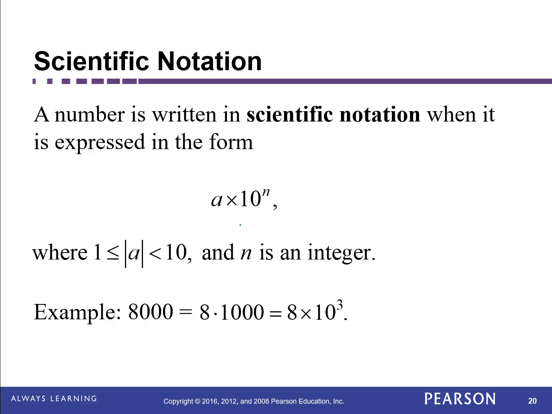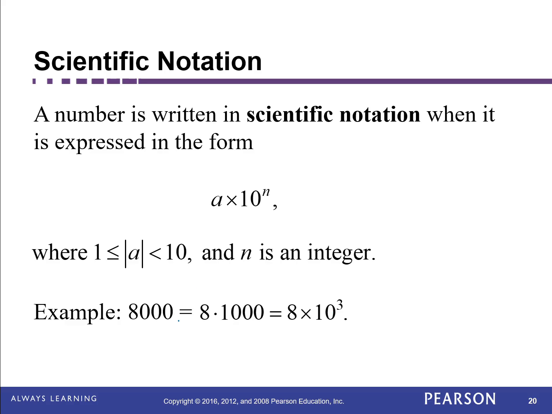Okay. So if I wanted to convert, for our example here, 8,000 into scientific notation, what I would need to do is essentially break that 8,000 down into an 8 times 1,000, where 1,000 is the same thing as 10 raised to the third power.